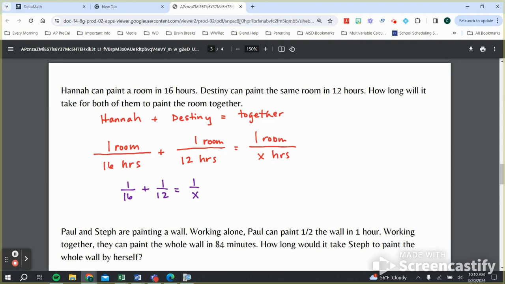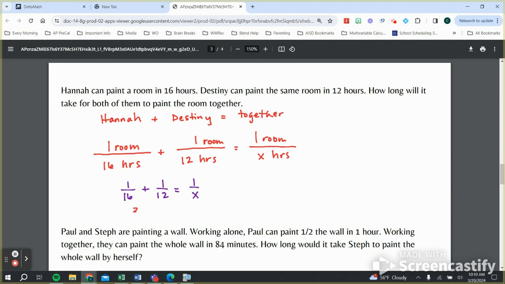So here, I'm going to change 16 and 12. We want to make these 48.